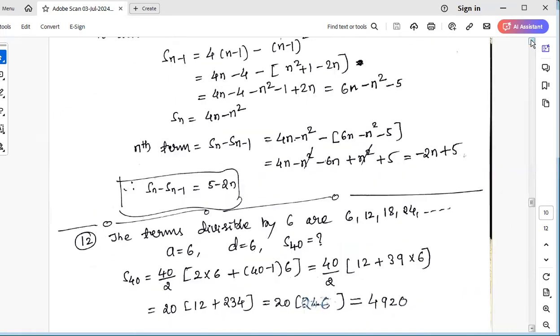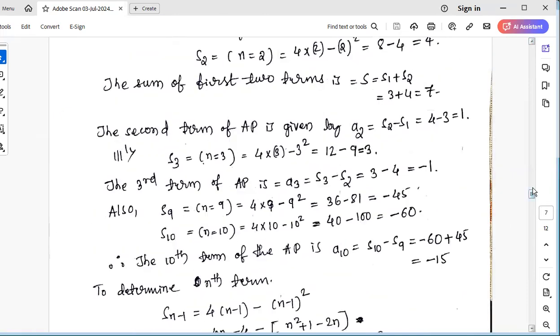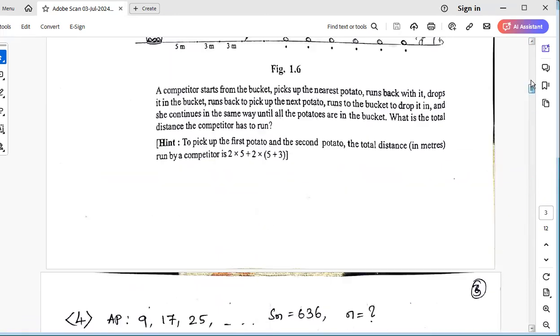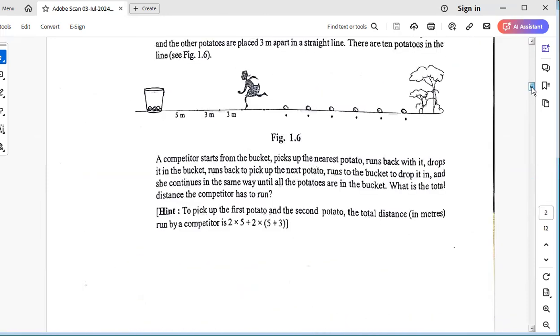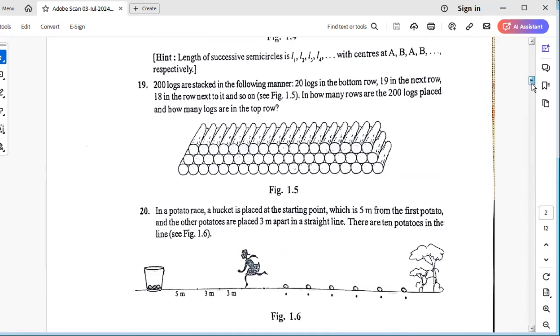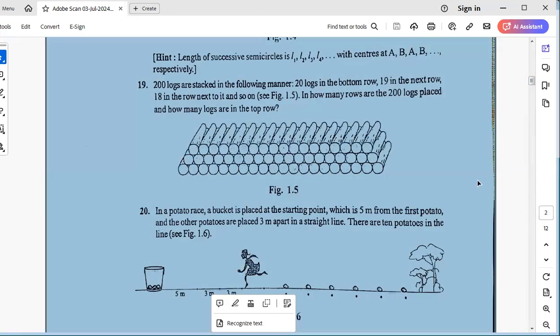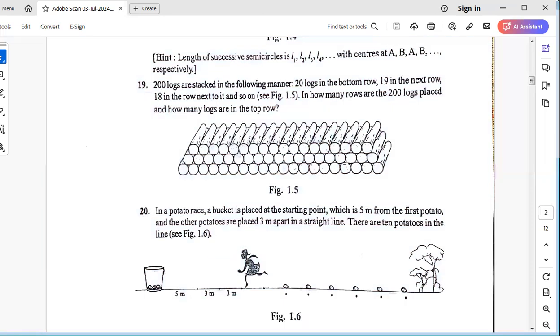We'll move to problem number 19. Let us see how it is. In the 19th problem, 200 logs. Logs means they are some pieces of wooden tree. So 200 logs are stacked in the following manner. You can see in the picture, they are stacked one over the other.